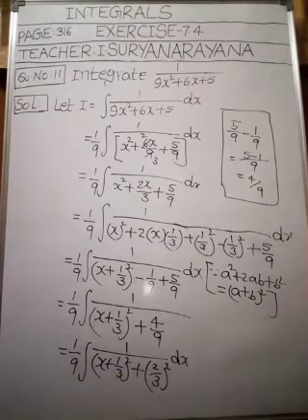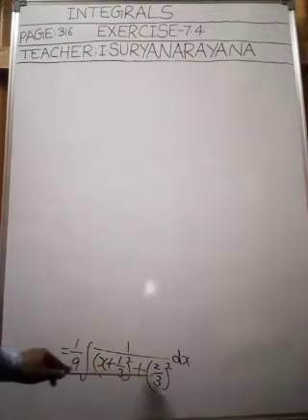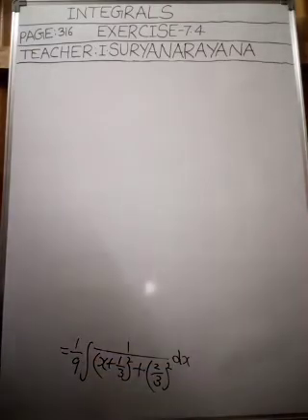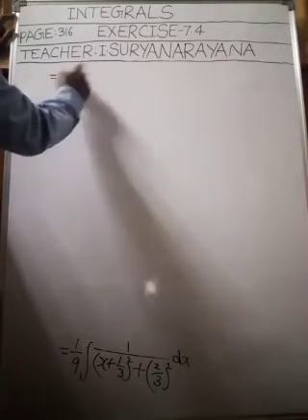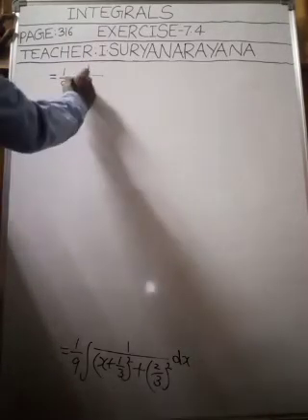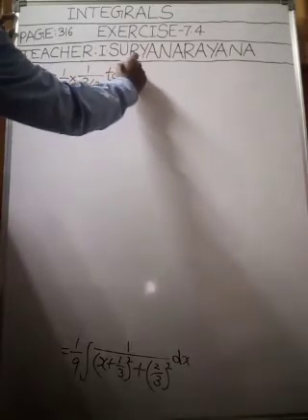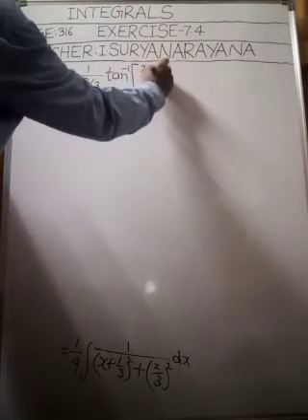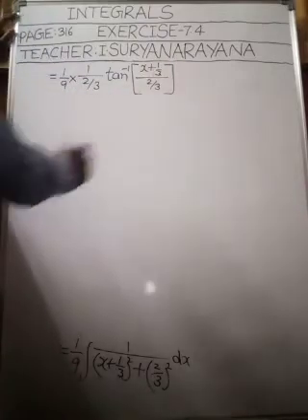So, by comparing this integral with integral 1 by x square plus a square dx, we get the formula 1 by a tan inverse of x by a. So 1 by 9 into 1 by, what is a here? 2 by 3 tan inverse of x by a. What is considered as x in your mind? (x plus 1 by 3) by a, 2 by 3.